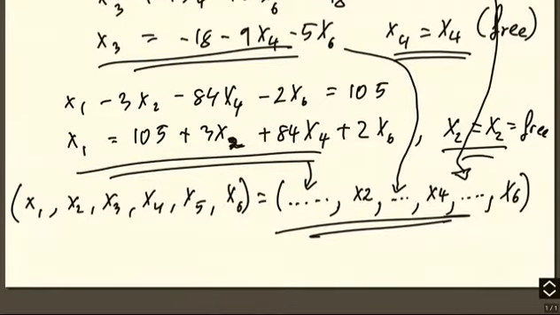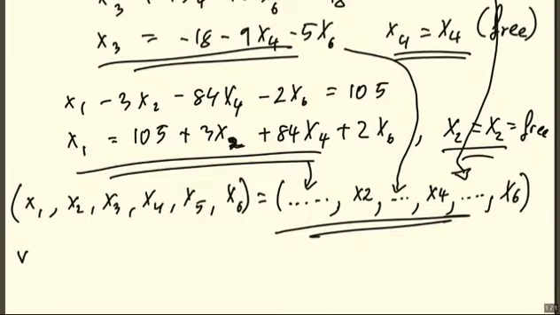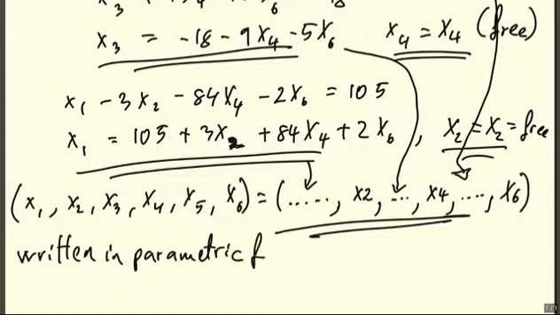Another way to write this solution is to write this in a parametric format. So sometimes students are confused to write that x2 is x2. What does it mean? It really means that it's free.